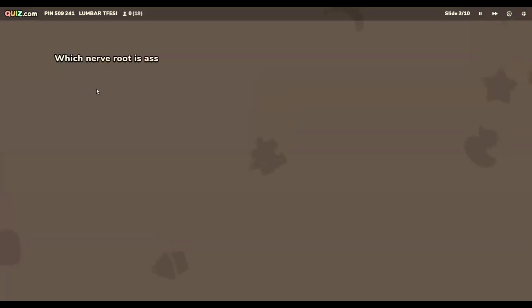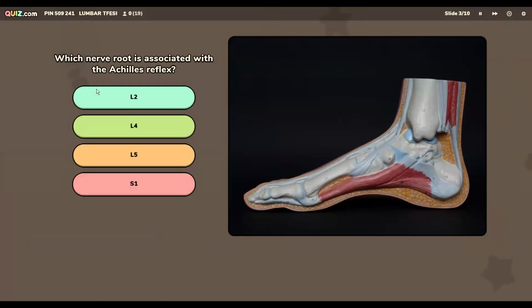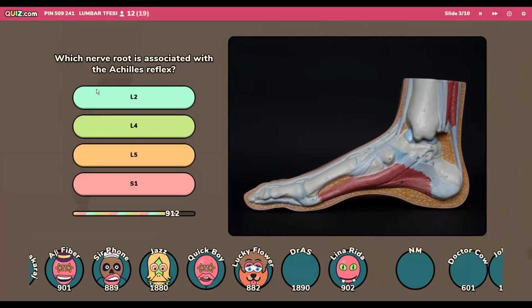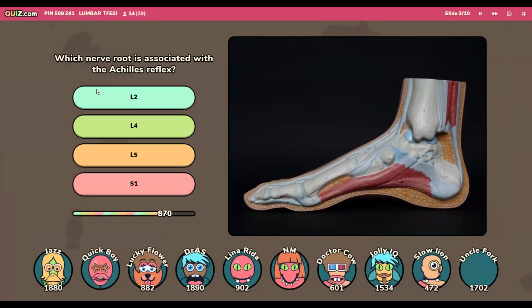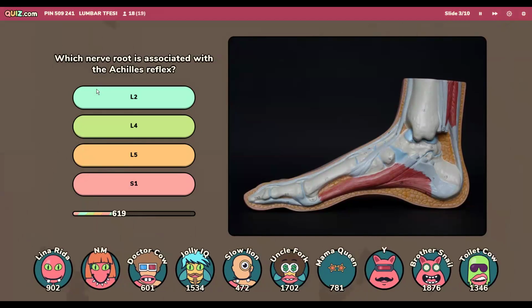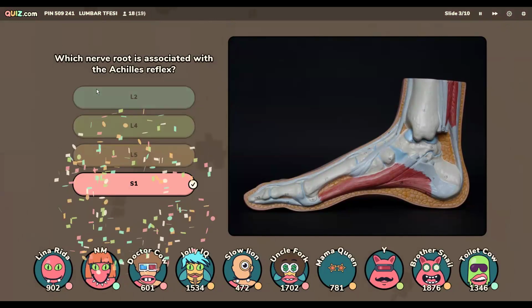Which nerve root is associated with the Achilles reflex? S1.